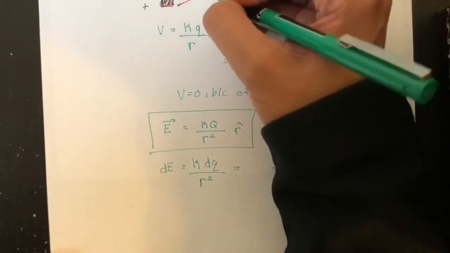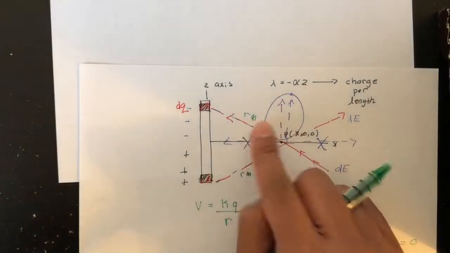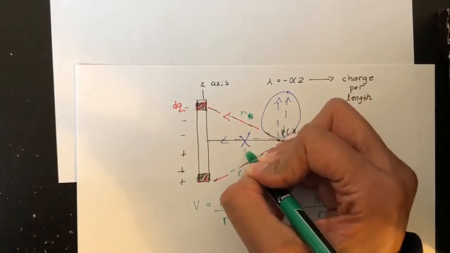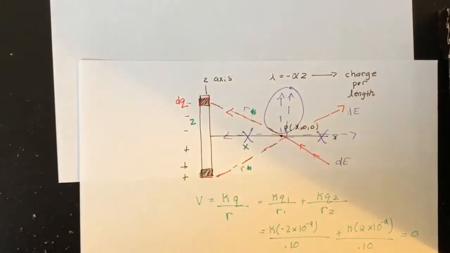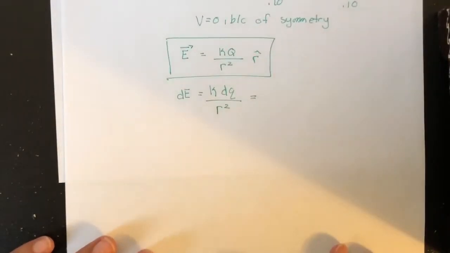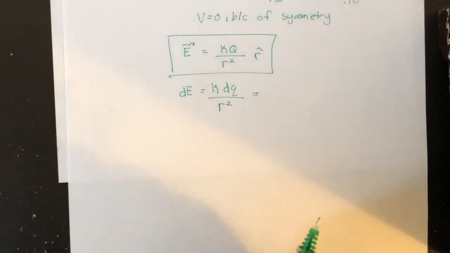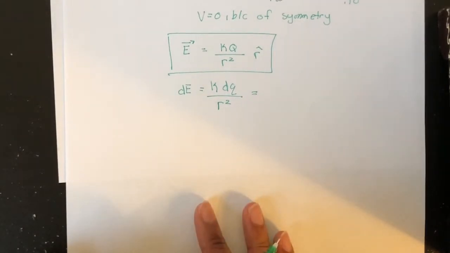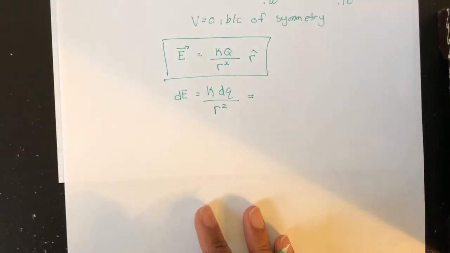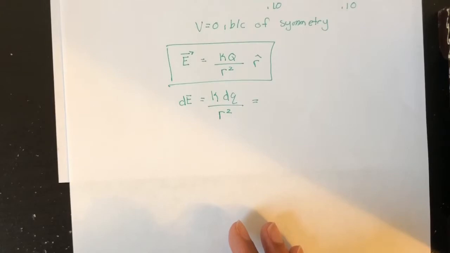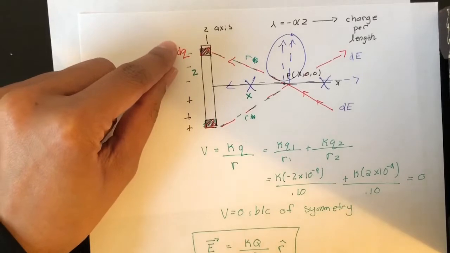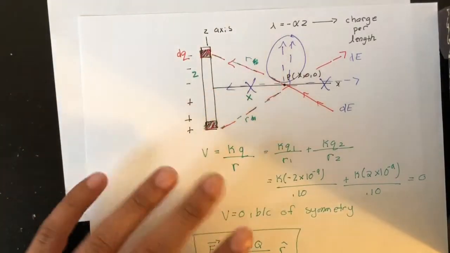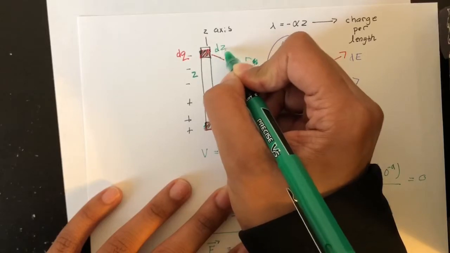Just define this as r, and this distance is x, and then this is our z distance. And so dq is equal to, so dq is the amount of charge in the length of this, which is dz.